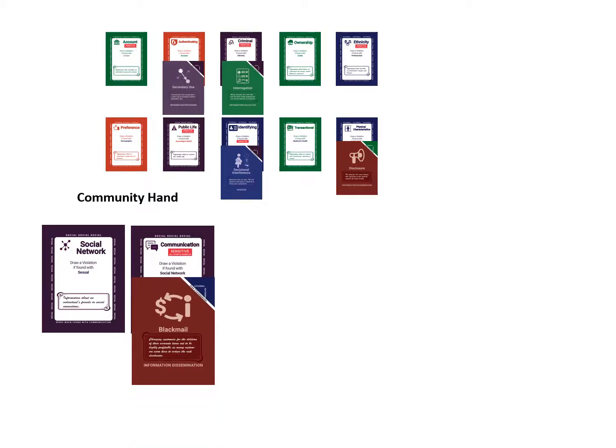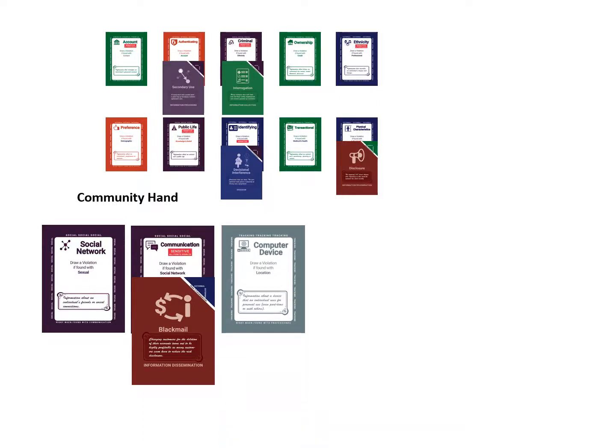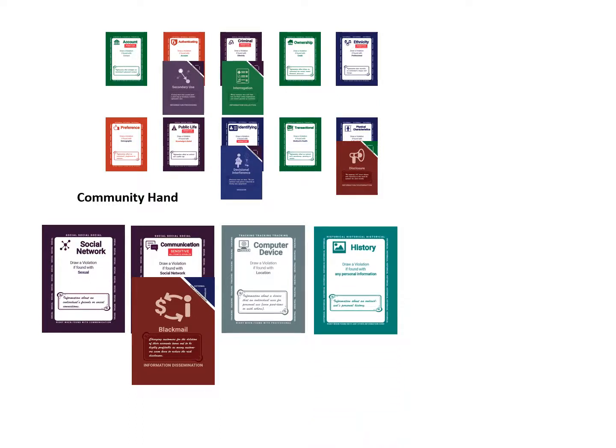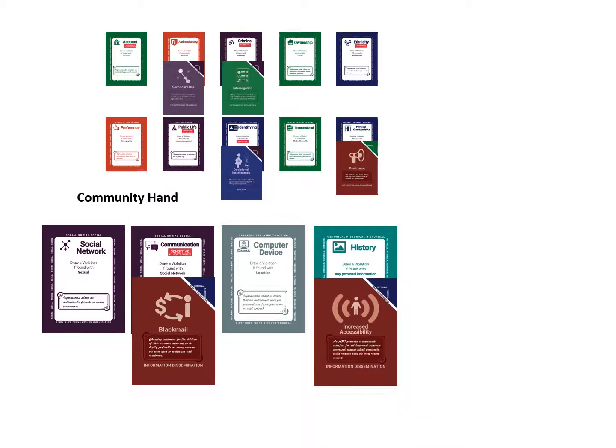Our third information card is computer device, which is risky with location information, which we don't have. And our fourth and final information card for player one is history information, which is risky with any other personal information, which of course we have both in the player's hand and community hand. So we'll draw a violation for that card as well.